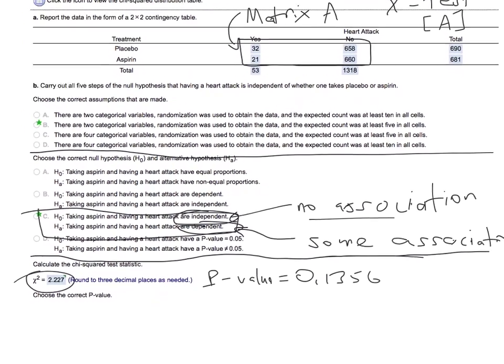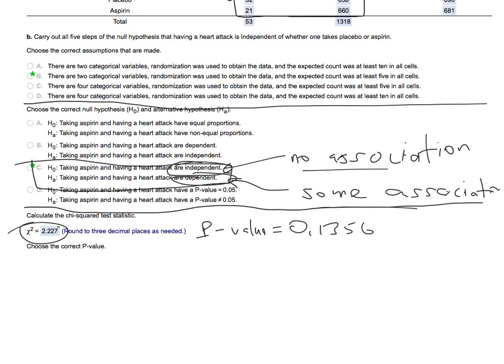So the conclusion, this is not small, right? So that's not going to be less than 5% or 10% or whatever the significance level is. So my conclusion, which is multiple choice on the homework, but we know what it should say.